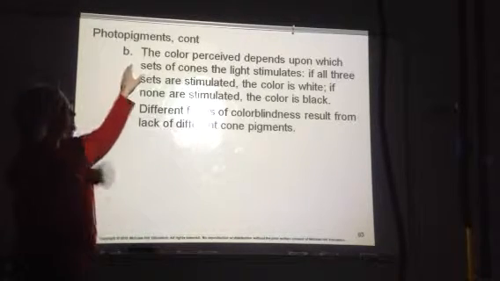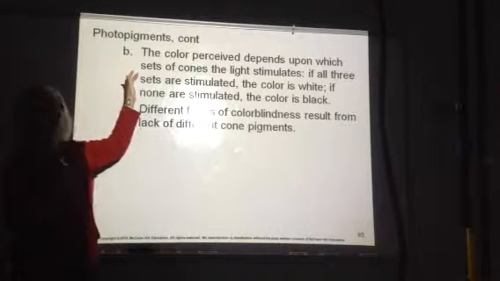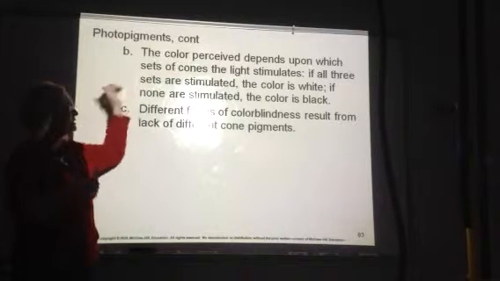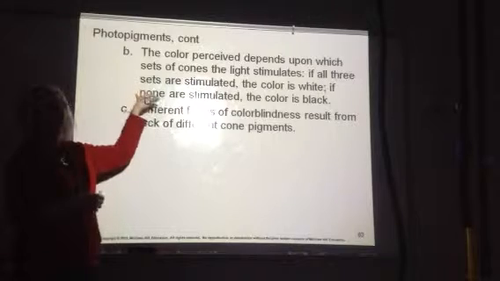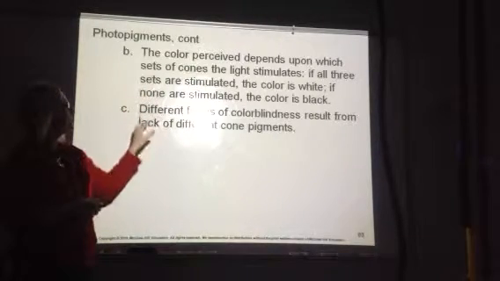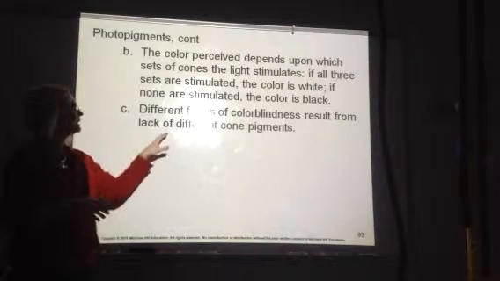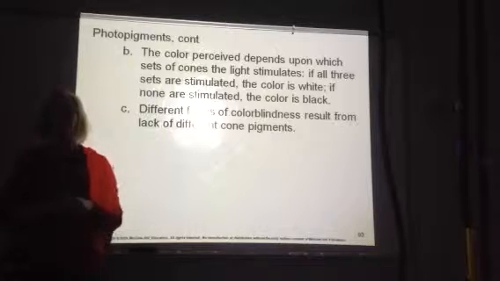The color that is perceived depends on the sets of cones. If all 3 are stimulated, white is detected. If none are stimulated, black is detected. Different forms of color blindness result from a lack of different cone pigments.